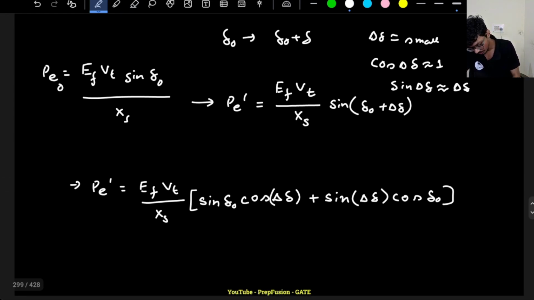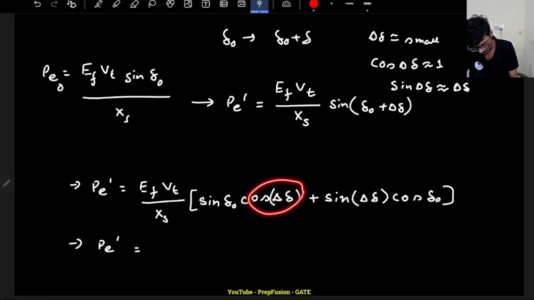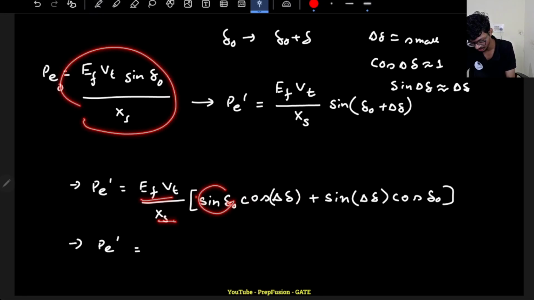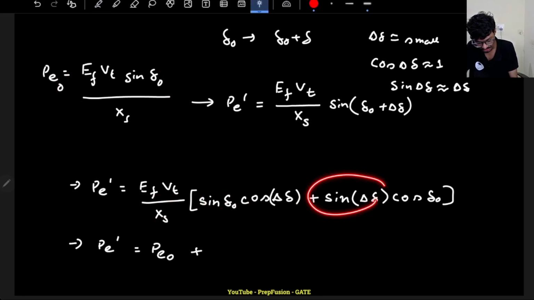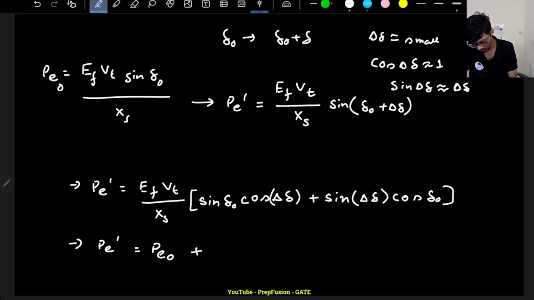So from here, what I can notice is P dash. If I break it down, this will be 1. This is what EFVT sine delta naught by XS. It is the same as this one, right? So it is basically equal to P naught plus, this is only del delta, and this will be cos delta naught. So here plus EFVT by XS del delta.